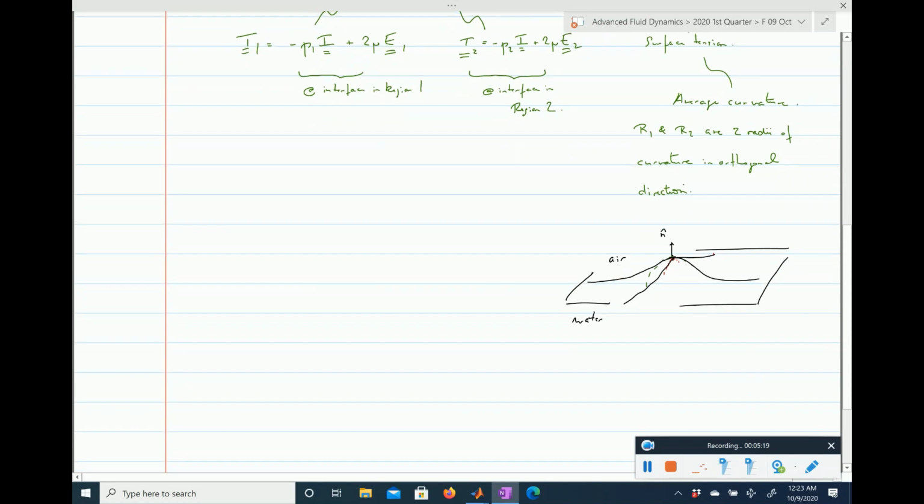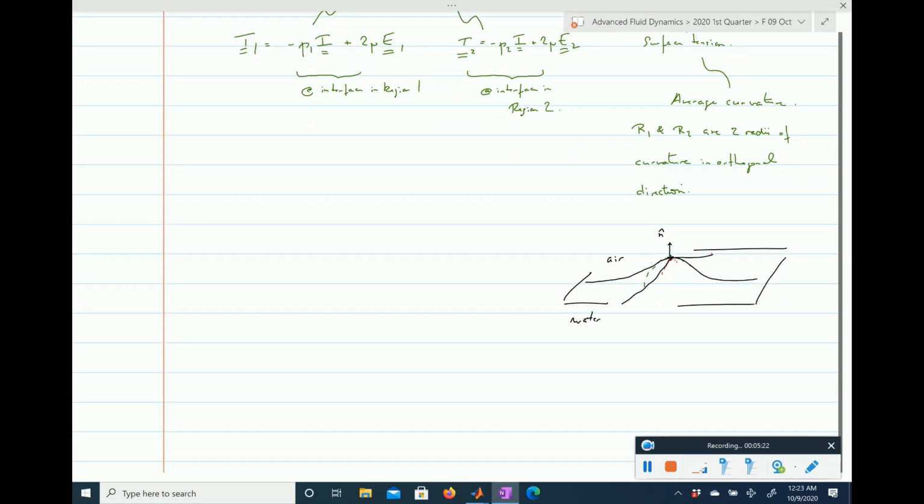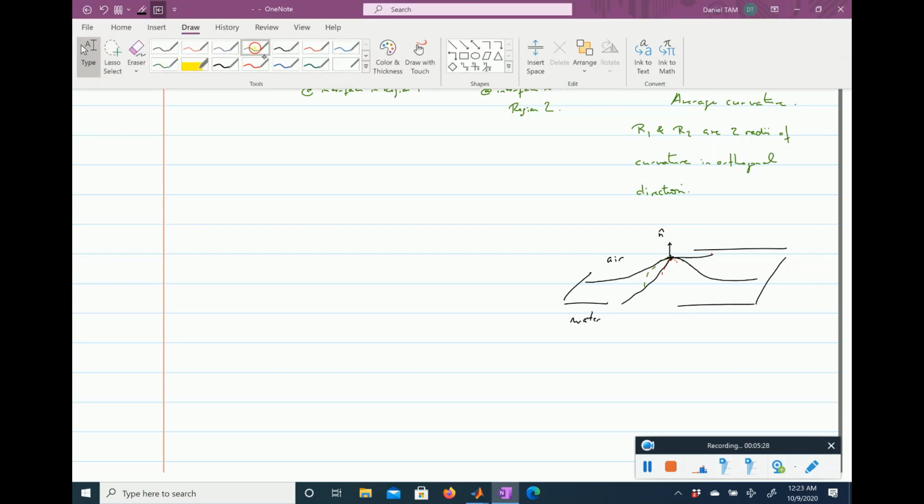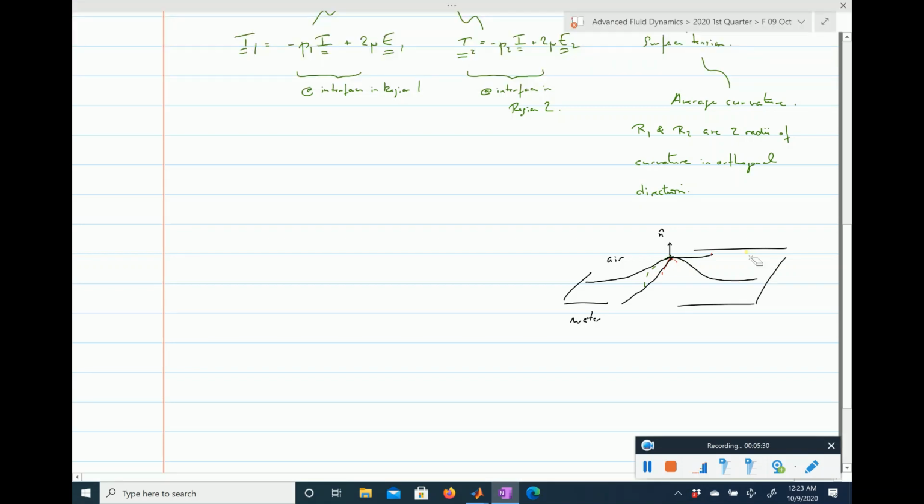So how can we understand those two radii of curvature without going into too much mathematical detail? If you have a surface, this is my surface here, and say the surface is slightly deformed. At every given point, this is the point at which I would write my stress boundary condition, you can define two orthogonal directions, this one and that one.